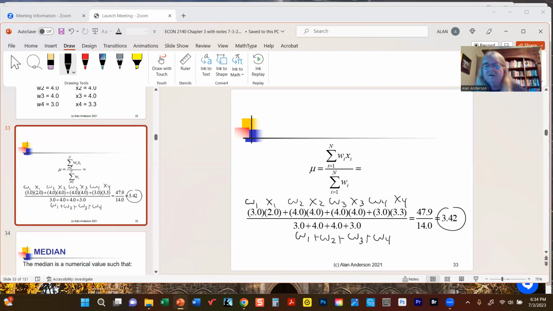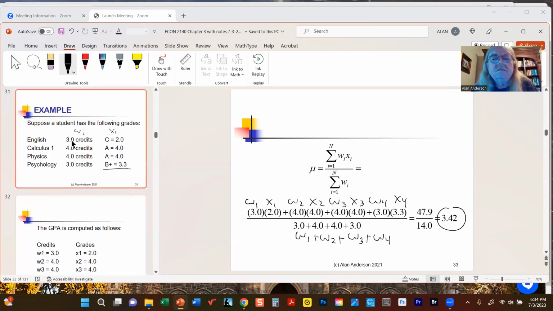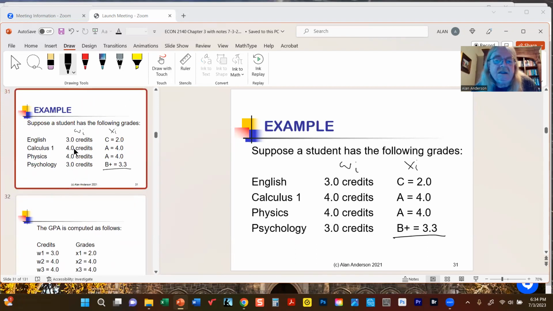Now, I do want to point out that if you didn't know about this and you tried to do this yourself, suppose you didn't know any better. You said, well, I guess they're just adding these up and dividing by 4, right? If you'd done that, you would have gotten a total of 13.3 over 4, which is 3.325.